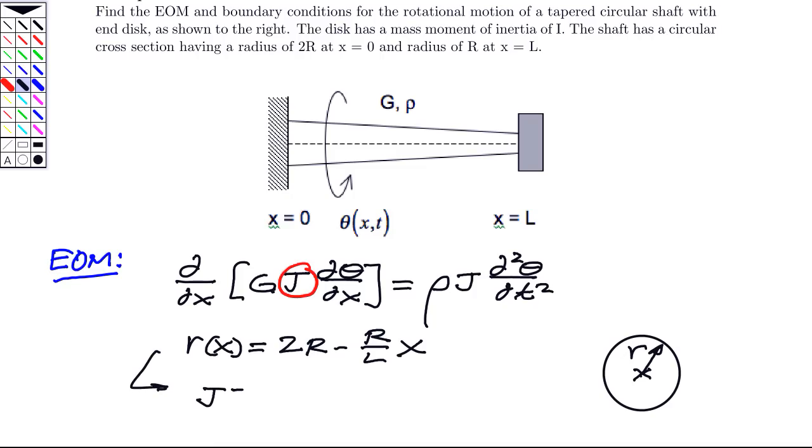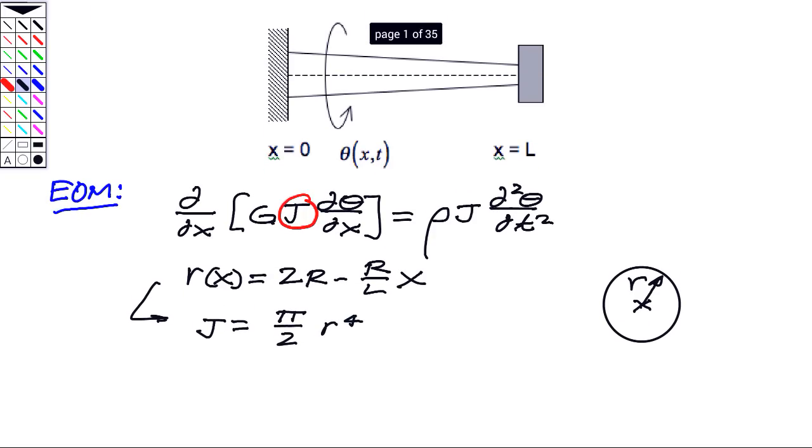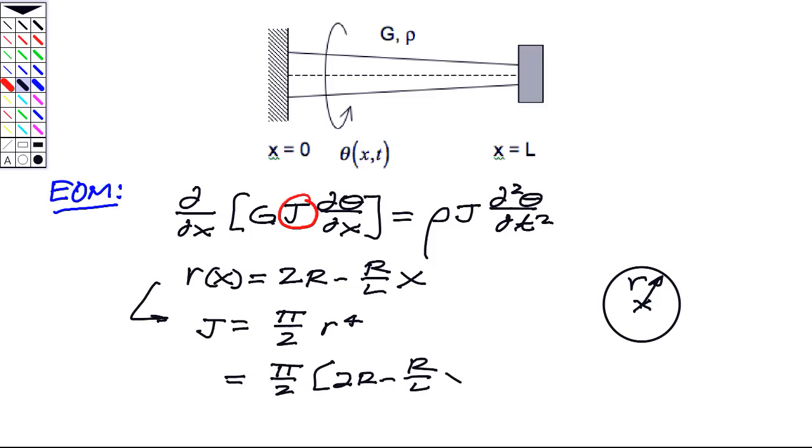The polar area moment for a circular cross-section is pi over 2 times r to the fourth. So this is pi over 2 times (2r minus r over L times x) to the fourth. So we see here that the polar area moment J is a function of x.